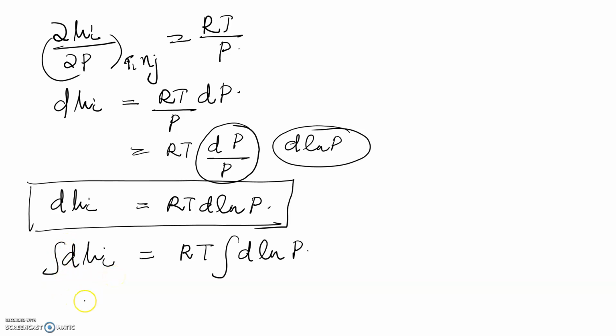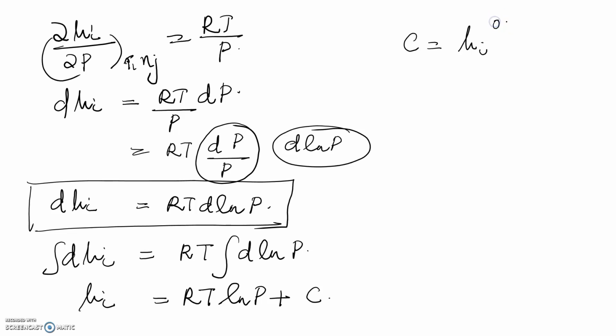What is integral d mu i? That is mu i, and R is constant, T is constant, integral d ln P is ln P plus the constant of integration. Let the constant of integration be mu i 0. Therefore, this equation becomes mu i is equal to RT ln P plus mu i 0.